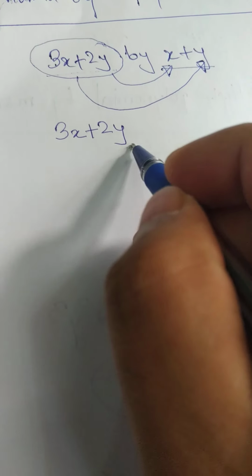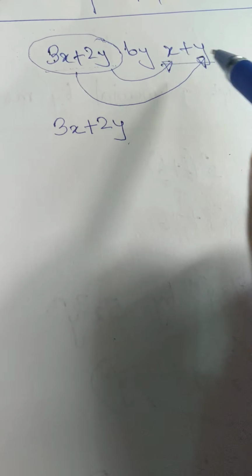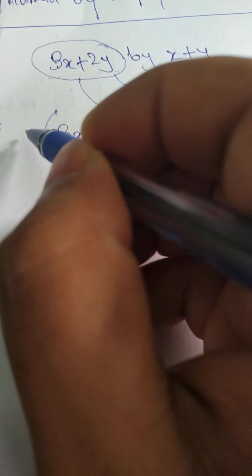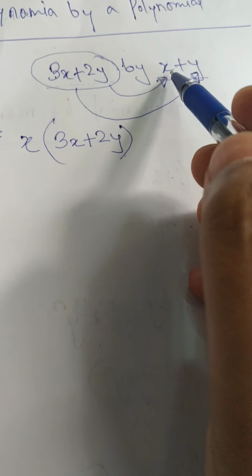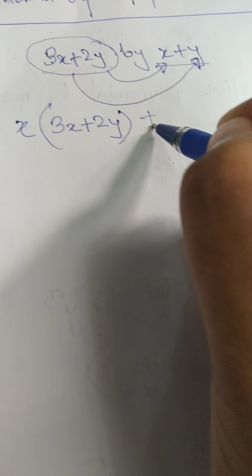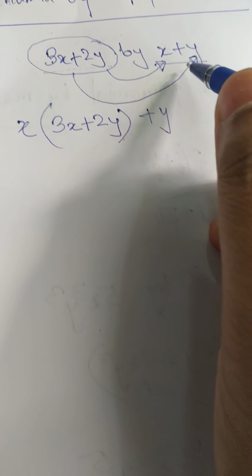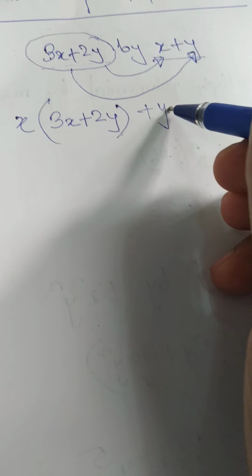So 3x plus 2y, I've considered this whole monomial. Then we put x first. So with x I will multiply the whole monomial first, then we put the sign, that is plus, then y, then with y I multiply the whole monomial.